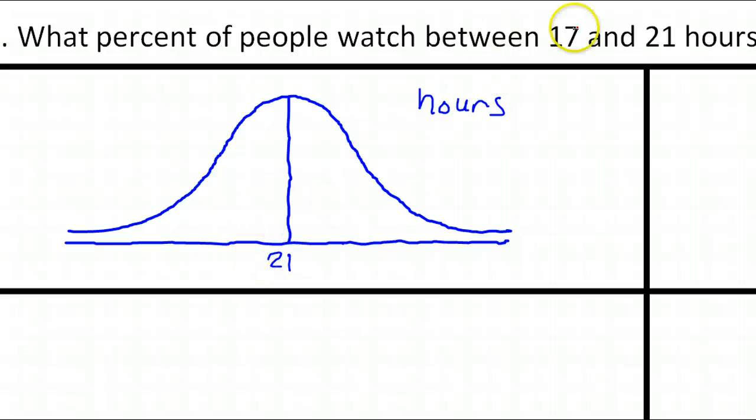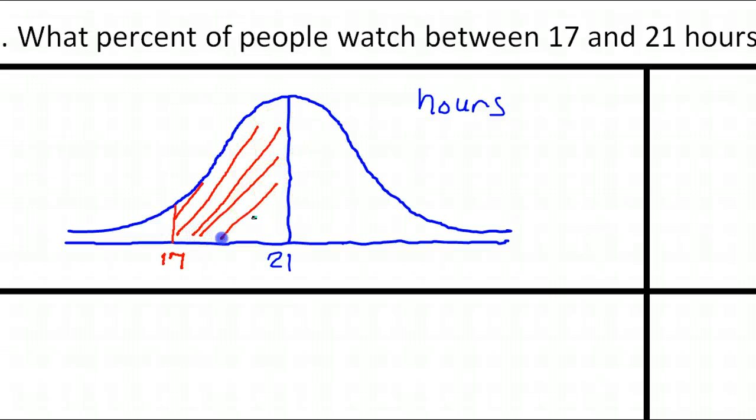Okay, between 17 and 21 hours. So find 17, let's put 17 over here somewhere, and 21 hours is the mean, so there's already a line there for that. So once again, between is going to be in this area right here, so we will just shade that up.